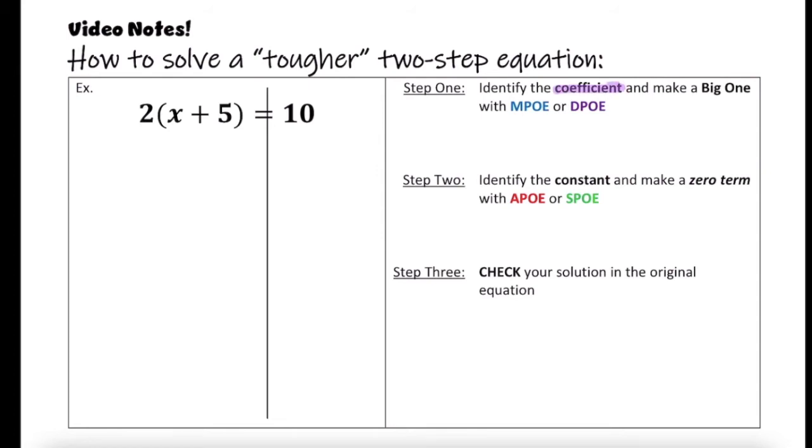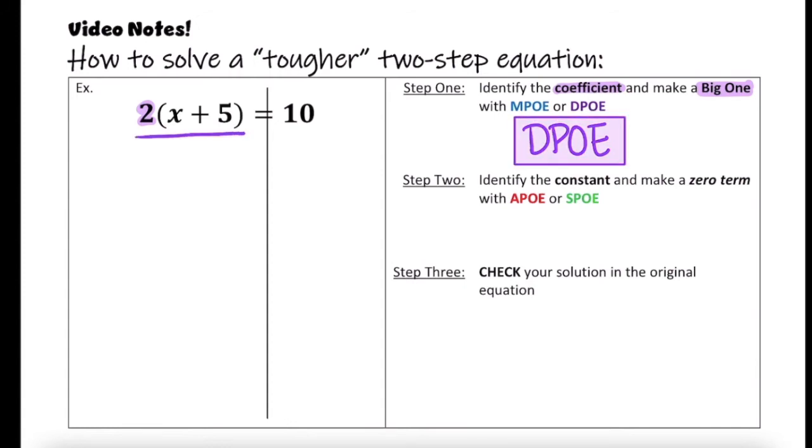Because 2 is our coefficient, it's the number that's attached to this term, we're going to start off by making a big 1 using MPO or DPO. Now, this is 2 times x plus 5. So multiplication is already happening, meaning I would not multiply again. I would divide to make a big 1.